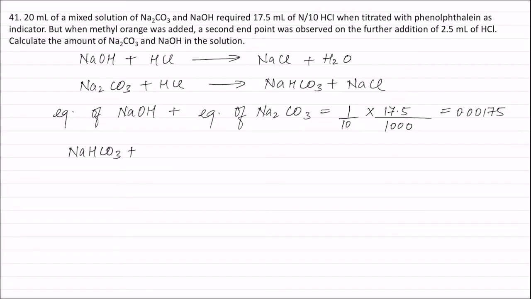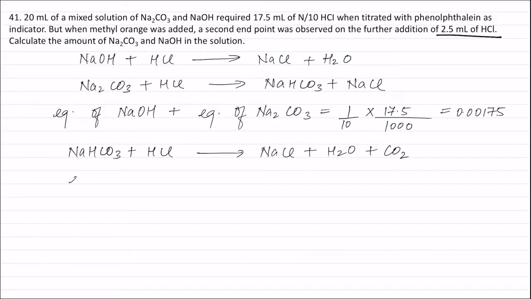Now when methyl orange is used as indicator, the reaction is NaHCO3 plus HCl forming NaCl plus H2O plus CO2. The equivalents of NaHCO3 will be equal to equivalents of HCl. Now according to the question, the second endpoint was observed on further addition of 2.5 milliliter of HCl.